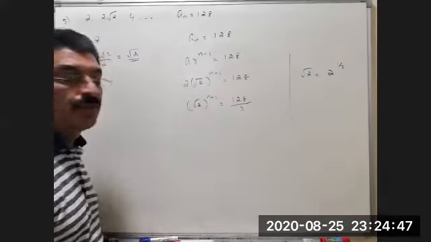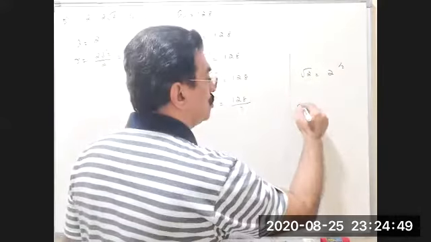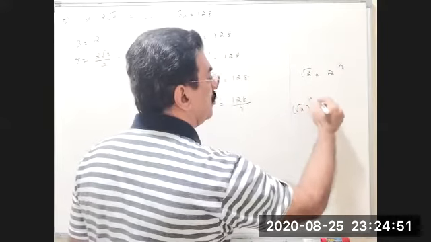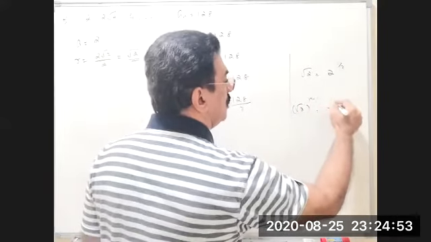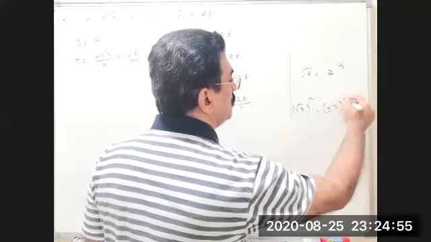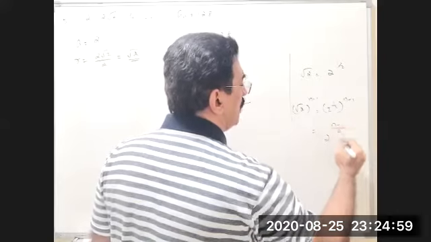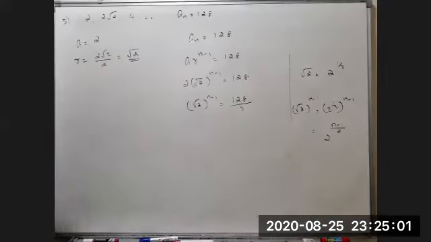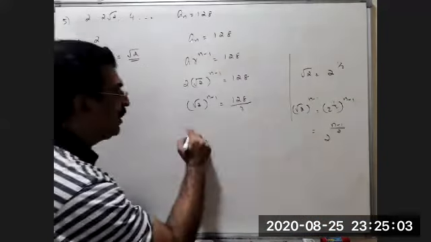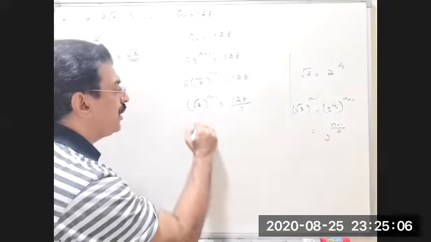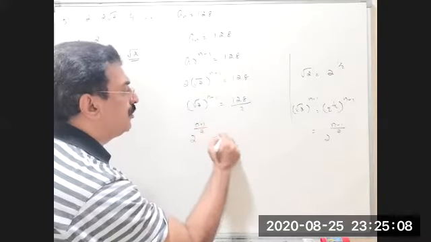So root 2 raised to n minus 1 means 2 raised to 1 by 2, the whole raised to n minus 1, which is 2 raised to n minus 1 by 2.